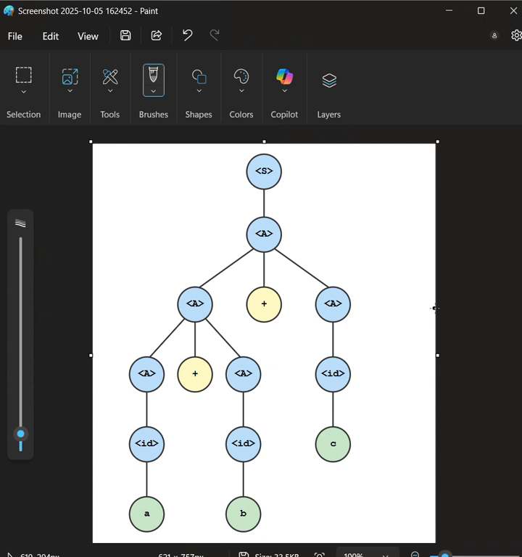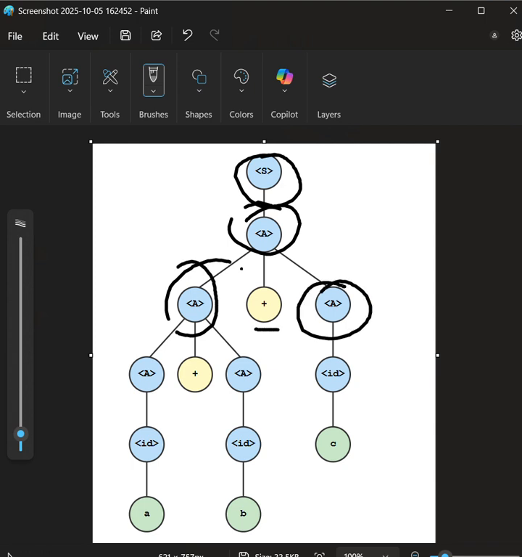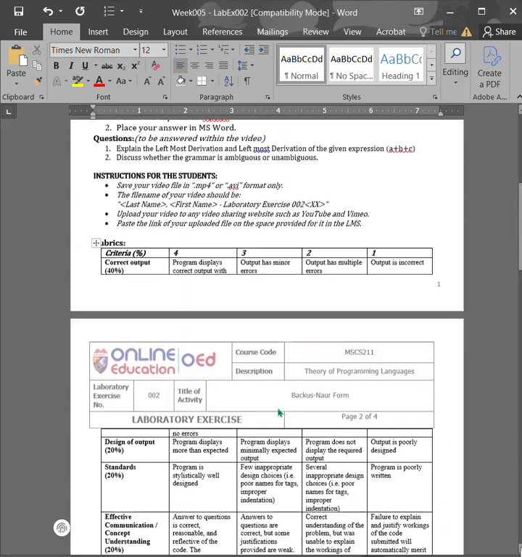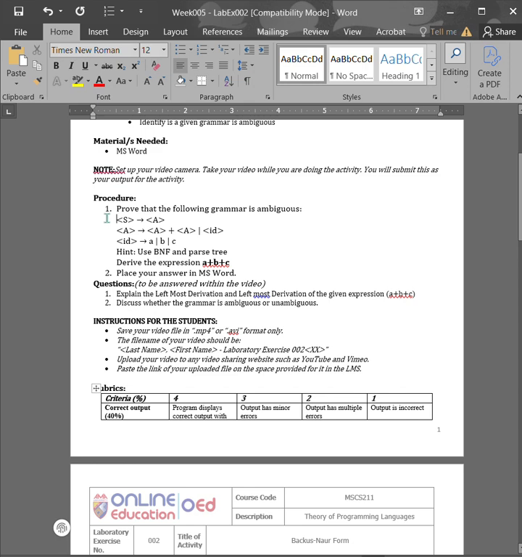First step is we start with S, and then S derives to A in our rule that S arrow A. And the next thing, step 3, our A derives to A plus A, using the rule A arrow to A plus A. If you could see in our rules here, this one.